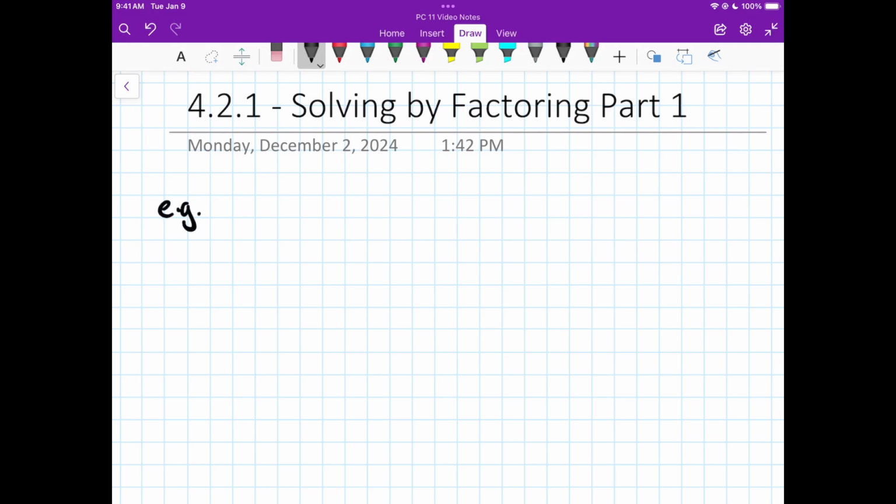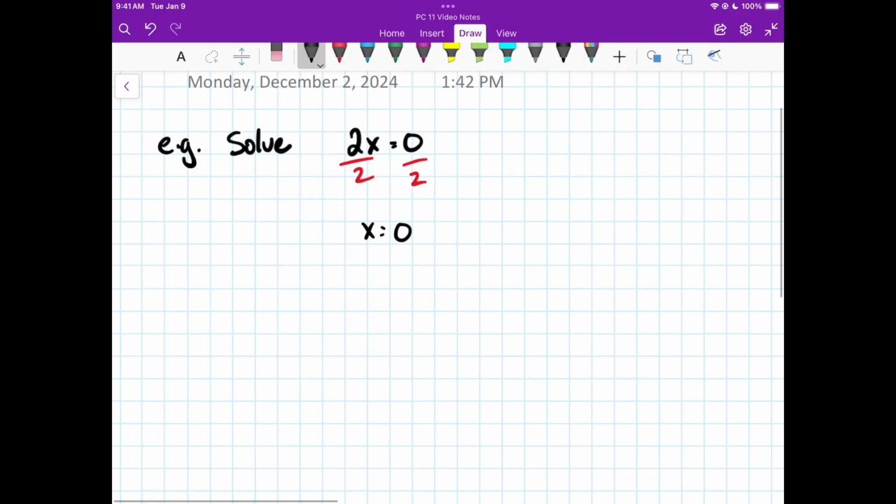Let's start off with some basics though, something that doesn't actually even need any factoring. So imagine you were asked to solve the equation 2x equals 0. Well, that's pretty easy to do. We want to solve for x, which means you need to get rid of that 2. So we can just divide both sides by 2, right? And so that gets me, well, x equals 0. Pretty straightforward. I could do the same thing maybe with a y.